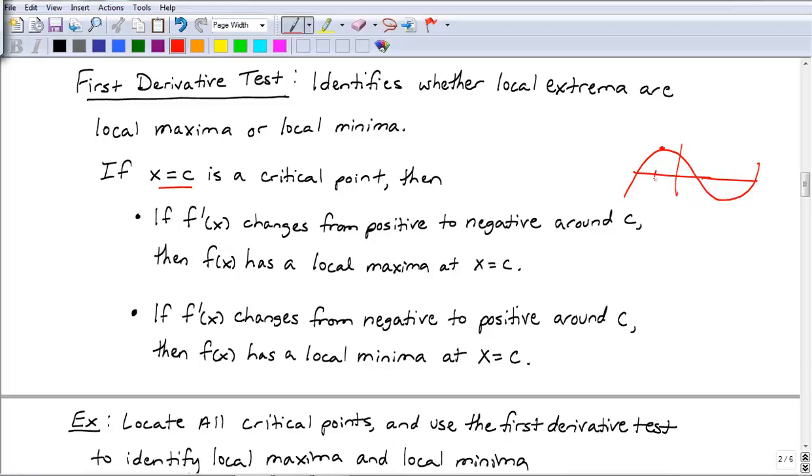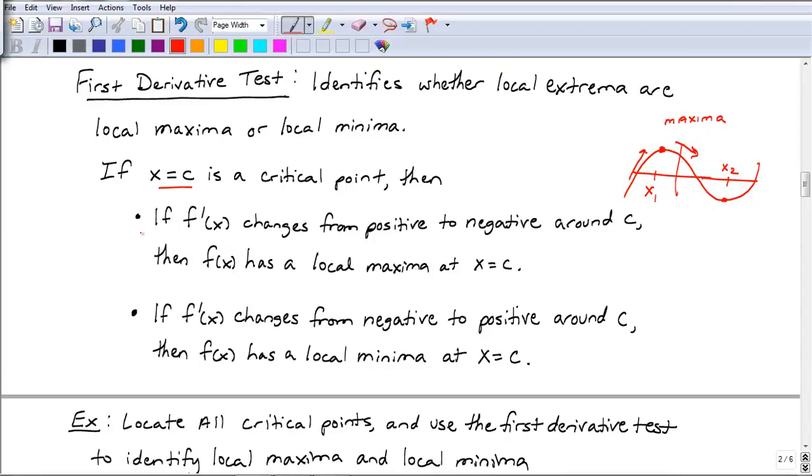This would be a critical point. I'll call it x1. And this would be a critical point. I'll call it x2. Notice as the function increases to the right of the hill, at the top of this hill, this is a local maxima. And if you'll notice, to the left of it, the function is increasing. And to the right of it, the function is decreasing.